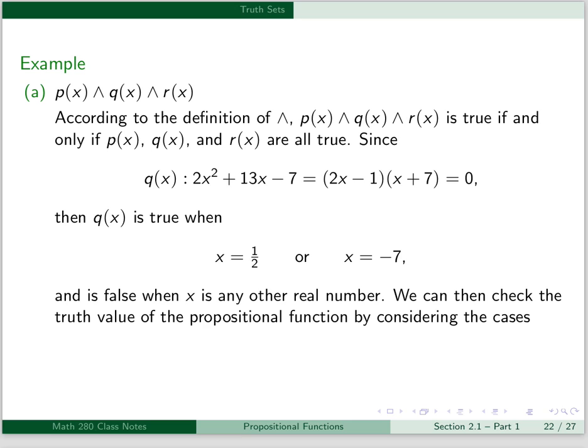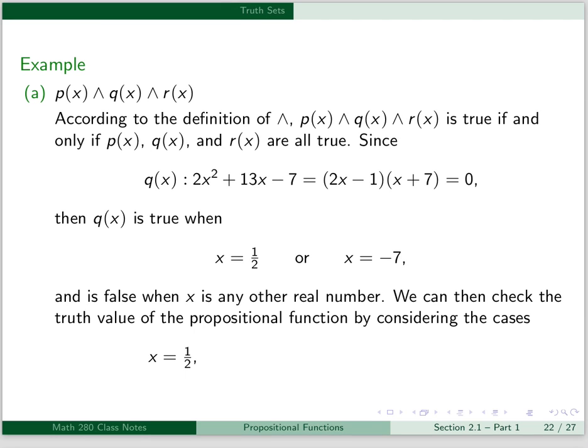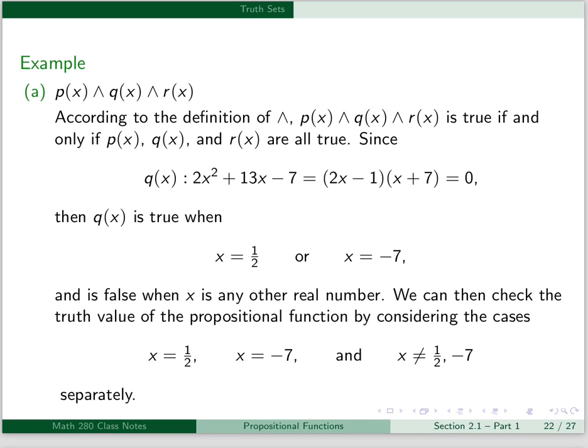We can then check the truth value of the propositional function by considering the cases x is equal to 1/2, x is equal to -7, and x is not equal to 1/2 or -7 separately.